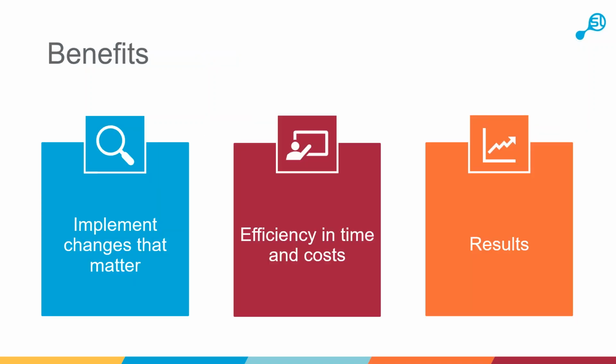So in terms of benefits, I did refer to them a little bit, but just to be quite clear, you can focus on implementing changes that matter. You'll definitely get efficiency in terms of time and cost, because the budgets will be allocated in the right place to start with, but also in terms of making sure that only the right changes are implemented.